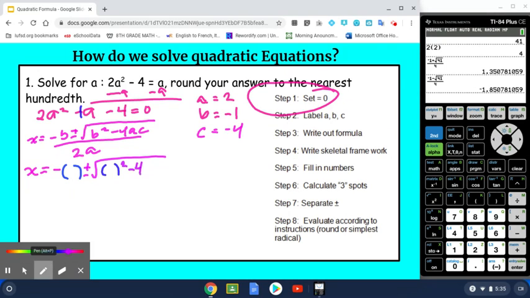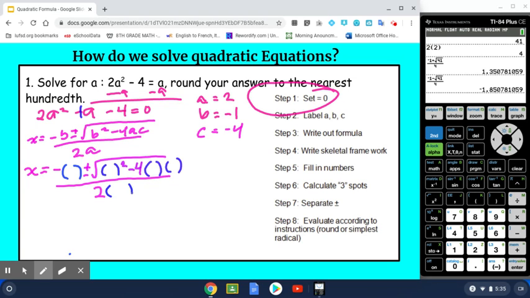Now, those are my parentheses. All over 2, and then I'm going to put my little number here, a. So that's for your skeletal framework.